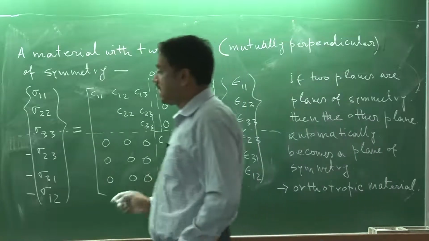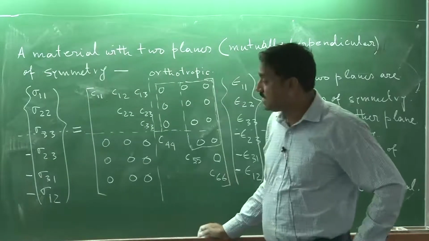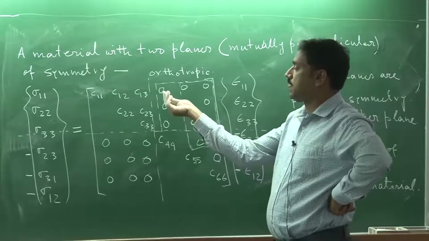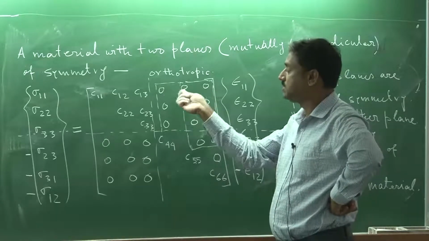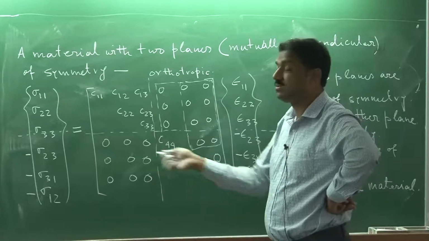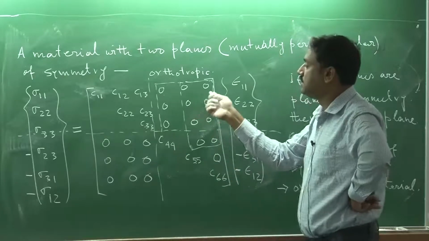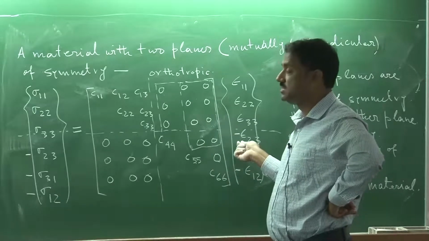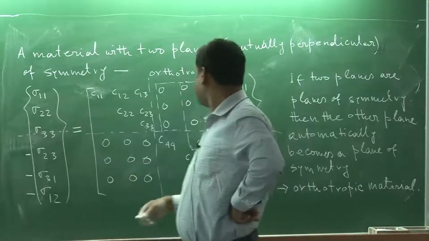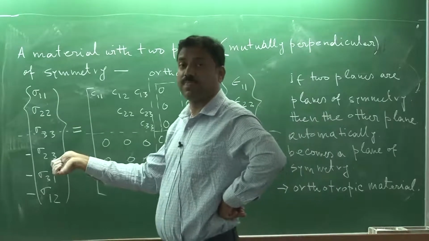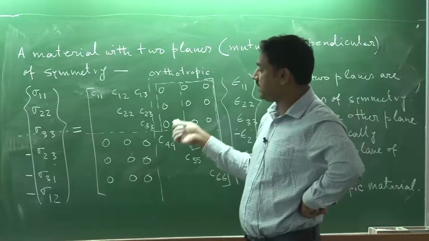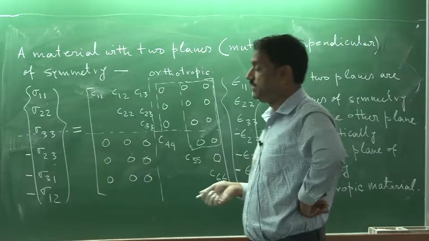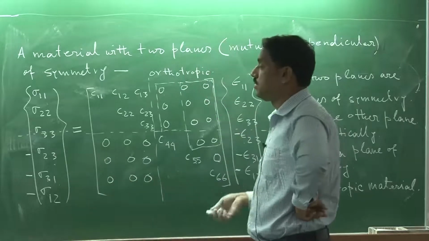In monoclinic or other materials, if you apply shear stress, it will produce normal stress, because in the cross diagonal, the second and third quadrant, if these coefficients are non-zero, even if you apply some shear stress, normal stresses will be produced, and normal stresses will also produce shear stress. But if the cross terms in the second and third quadrants are 0, the shear stresses will only produce shear stress and normal stresses will only produce normal stress.